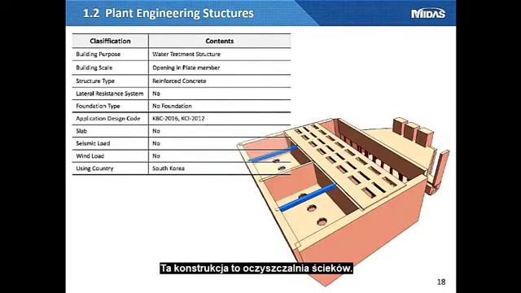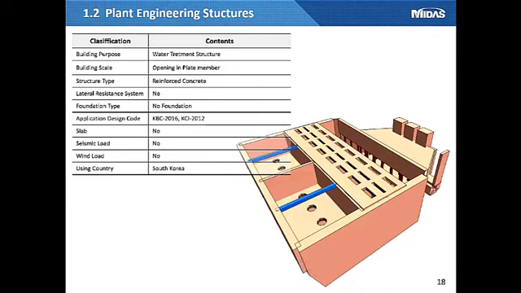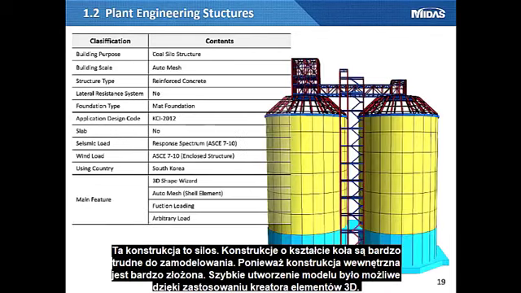This structure is for water treatment. As a plate structure, it reflects the openings. This structure is a silo. These circular structures are very difficult to model because the inside of the structure is so complex.